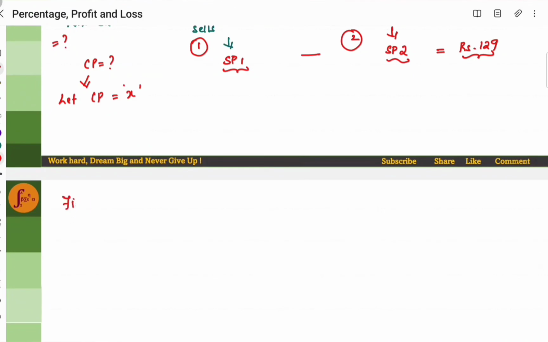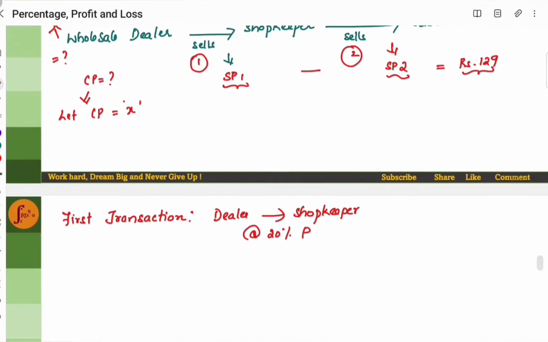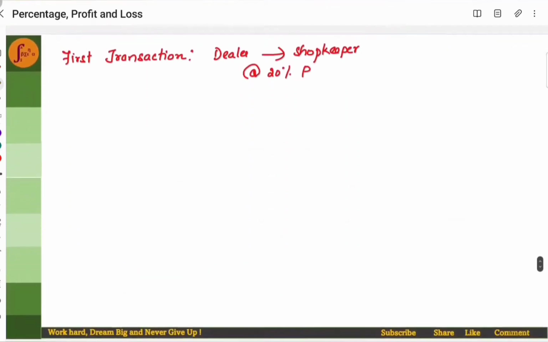Now let's take the first transaction, right? That is the dealer selling to the shopkeeper at 20% profit. Now let's use the profit percent formula.